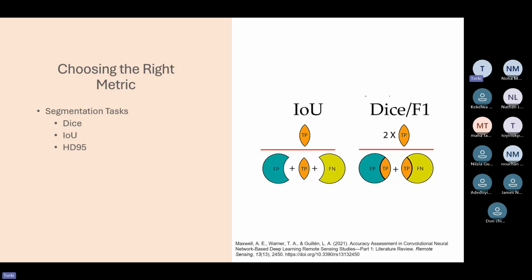The first point set comes from the boundary of the ground truth mask. The second point set comes from the boundary of the predicted mask. You compute the full set of distances from every point in the first set to the second set, and also do the reverse. Then you sort these distances and select the 95th percentile. This gives you the HD95.